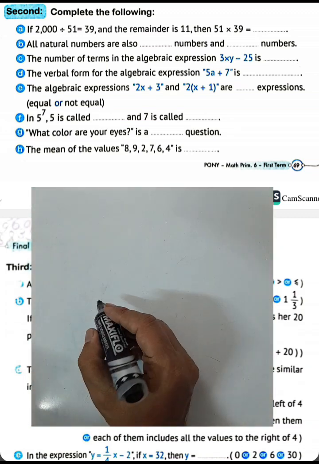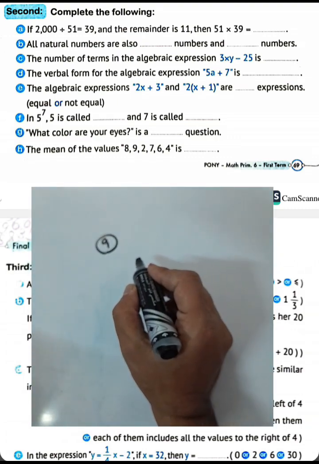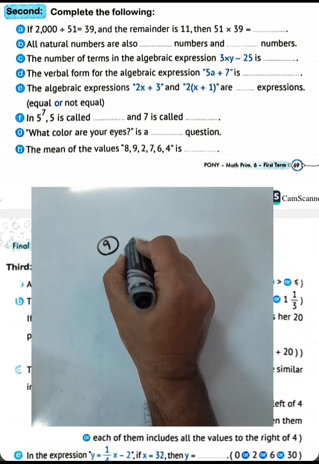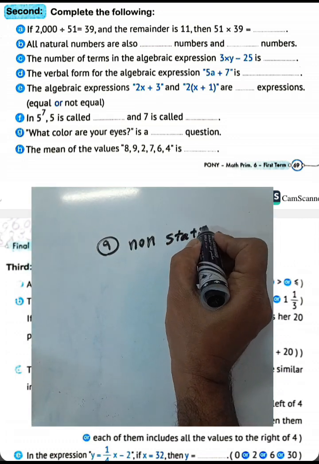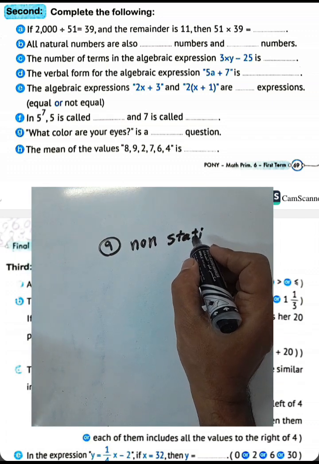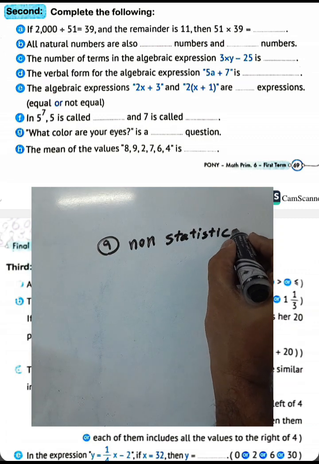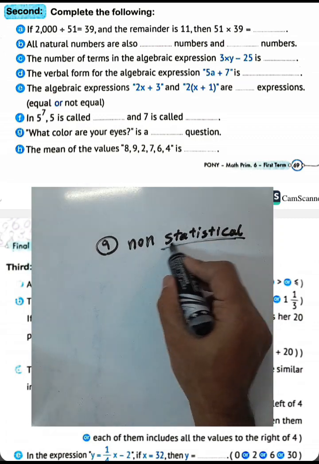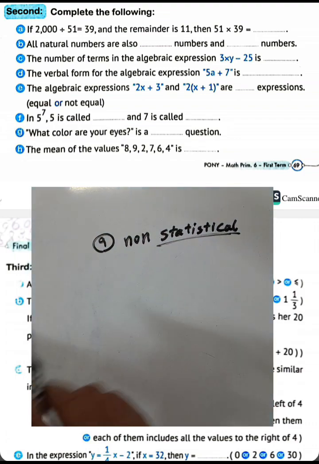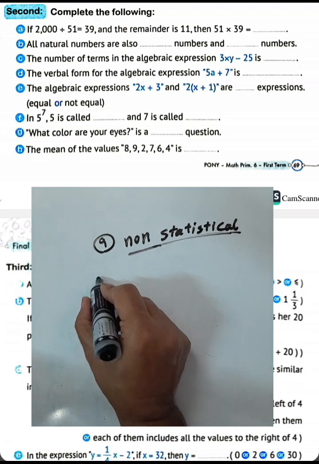Then for question letter G, what color are your eyes is non-statistical. Keep this word in your mind: non-statistical.